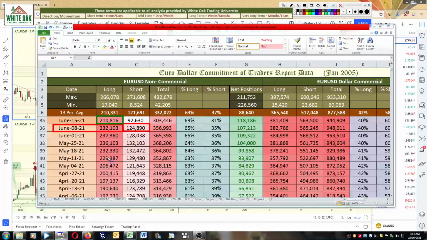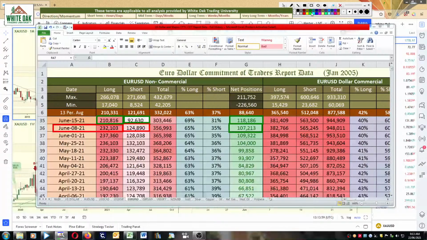That's the shift that they made. They reduced their long positions from 232 to 210. At the same time, they also reduced their short positions from 124,000 to 92,000. All right? The end result is that they used to have net positions of 107, and it jumped up massively to 118.